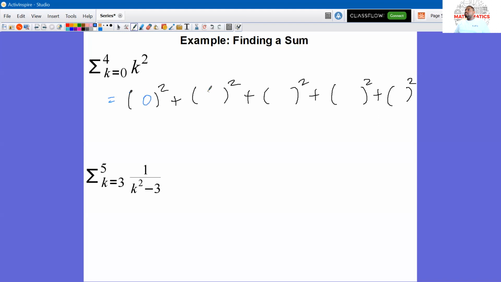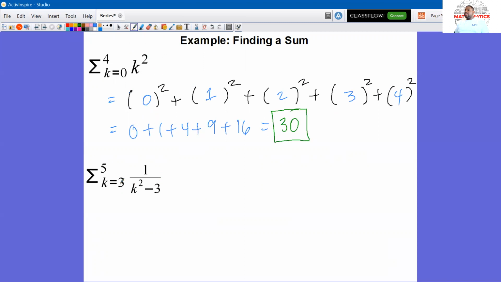So plug in 0, plug in 1, plug in 2, 3, and 4. You're going to add those together. Okay, so you get 0 plus 1 plus 4 plus 9 plus 16. And when you do that, you get 30. So the sum is 30.